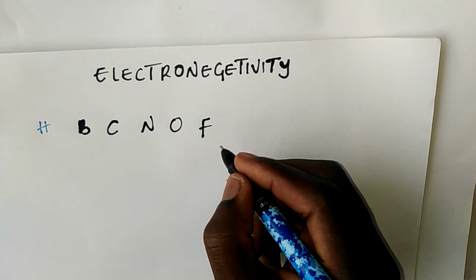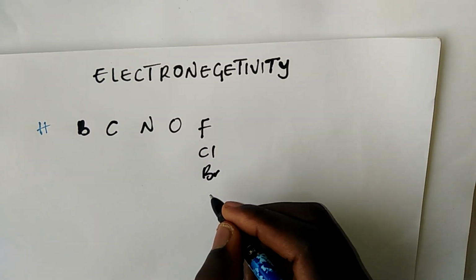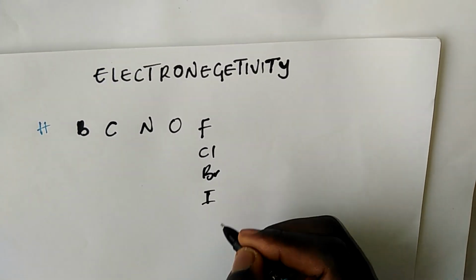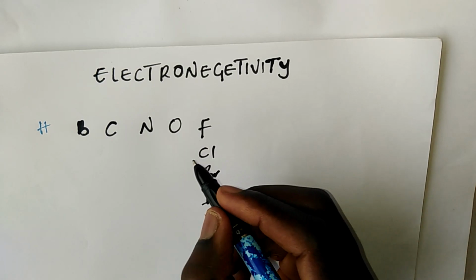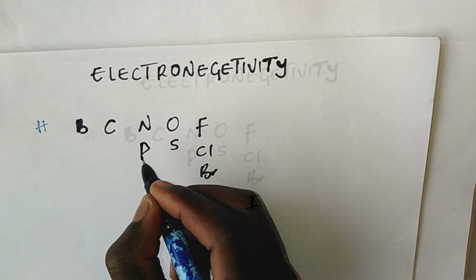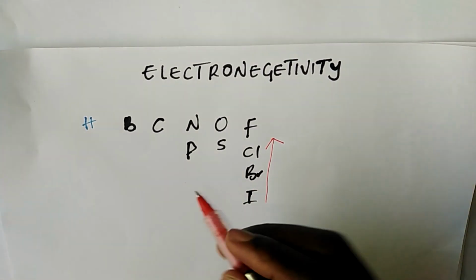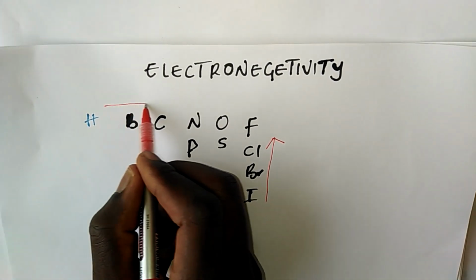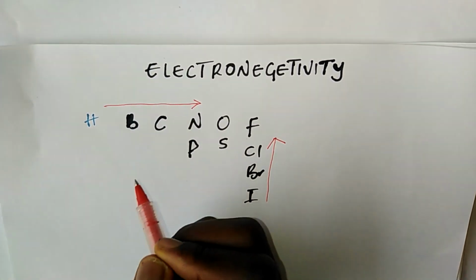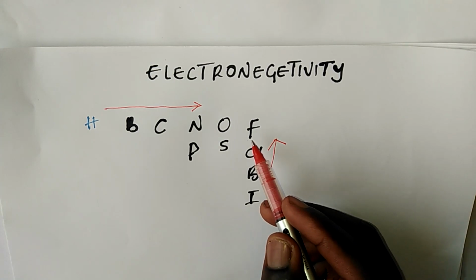Then we have chlorine, bromine, iodine, right? We have sulfur, phosphorus. Electronegativity increases up the group and also increases towards the right. So therefore, fluorine is the most electronegative element.